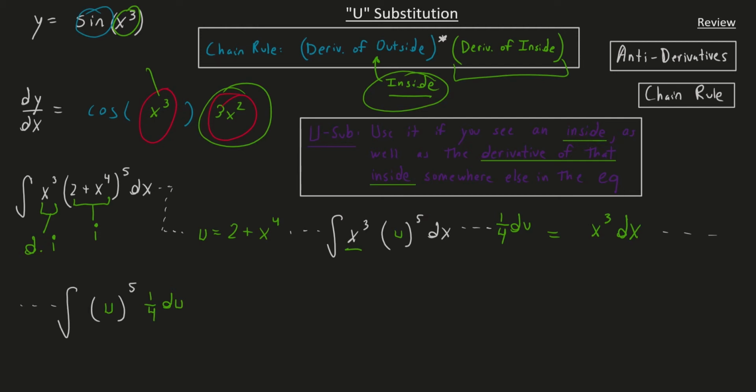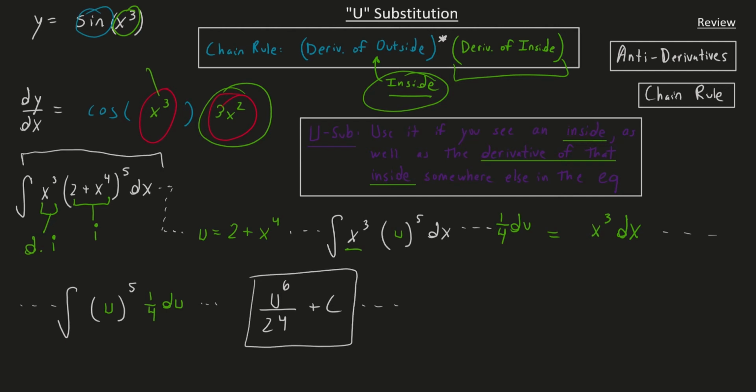So now, I've successfully gotten all my x's out and replaced them all with u's. So the u substitution is complete here. And now the integral I'm left with is actually super easy. It's just an inverse power rule. That'll be u to the 6 over 24 plus c. And for my final answer, since the initial question had x's in it, I want my final answer to have x's in it.